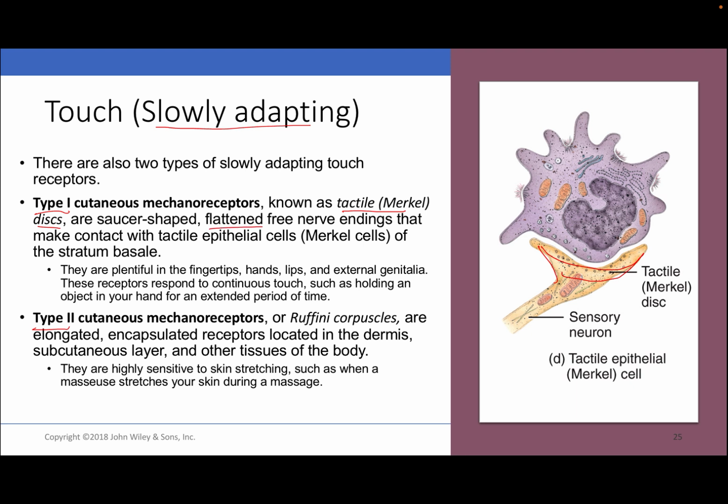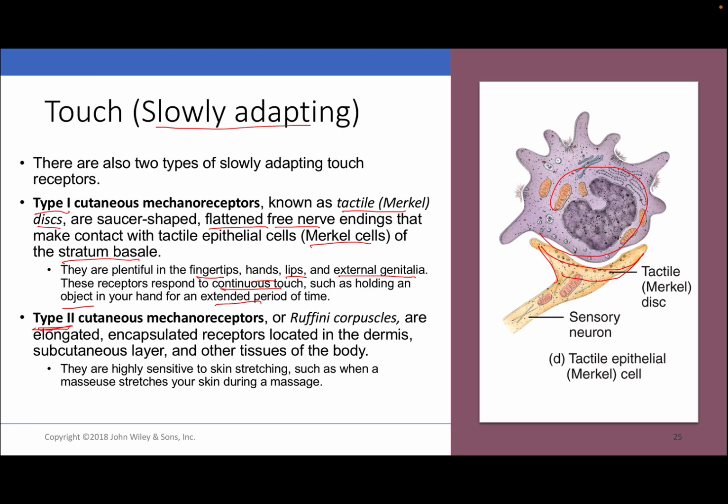This is going to be flattened free nerve endings that make contact with our tactile epithelial cells, our Merkel cells that we have chilling in the stratum basale. These are abundant in places like the fingertips, the hands, the lips, as well as the external genitalia. And these receptors respond to continuous touch, things like holding an object in your hand for any kind of extended period of time.